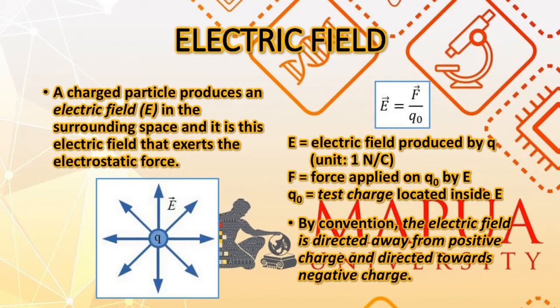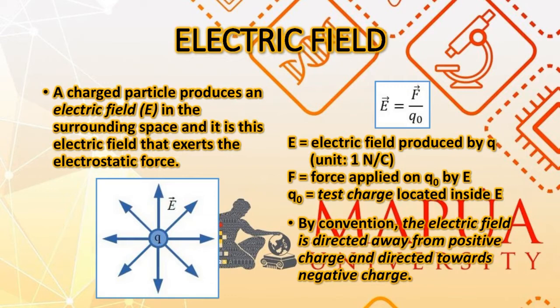Note that in the figure, you have the electric field and it is produced by charge Q. If you put a test charge q naught inside the electric field, the electric field will apply force F on q naught. E is equal to F over q naught.